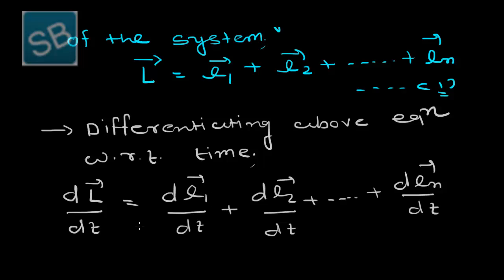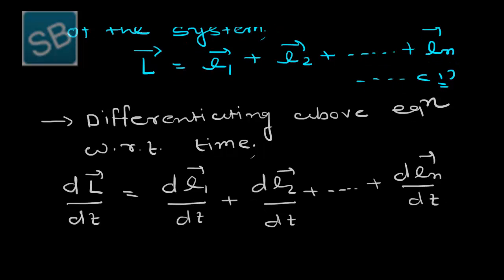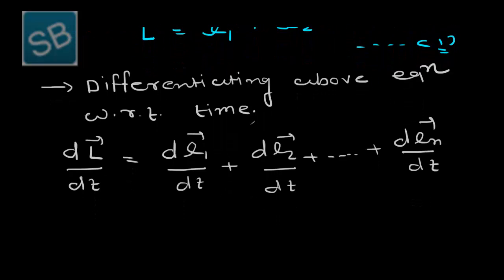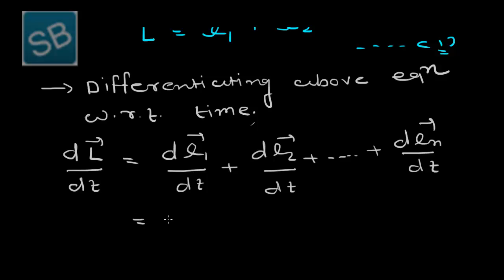So this quantity is the torque for the first particle, this is for the second particle, and this is for the nth particle, and hence I can write the right hand side as tau 1 plus tau 2 plus so on up to tau n.